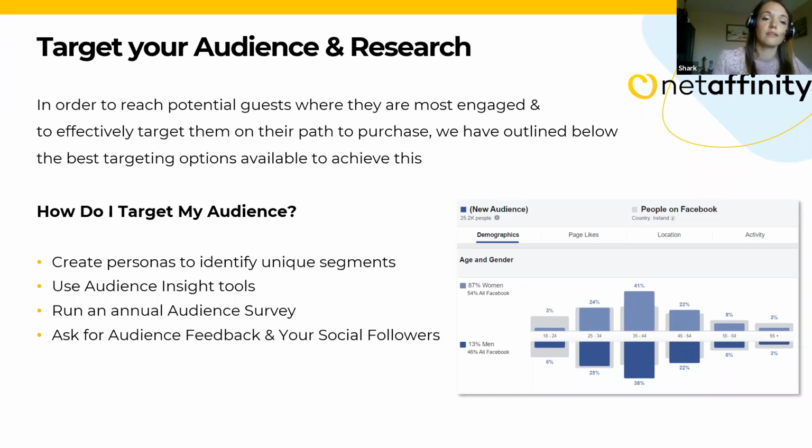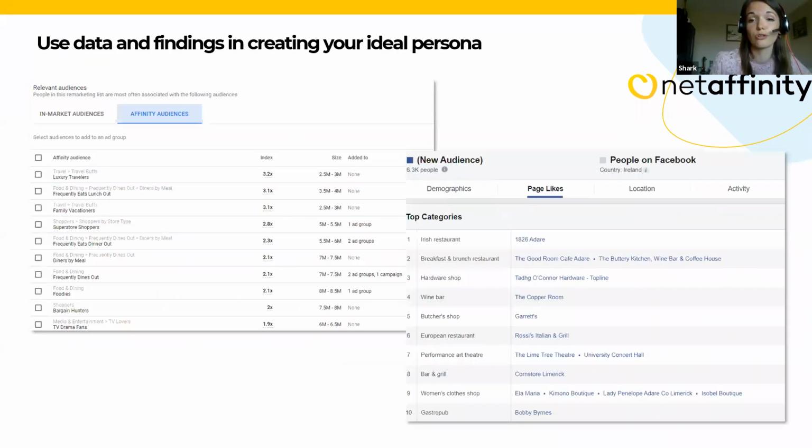For example, you can run an annual audience survey. You can also ask for feedback from your audience. What is really helpful is to reach out to your social followers and ask for feedback as well. But mostly, social media platforms provide you with so much useful data that you can get insights from.